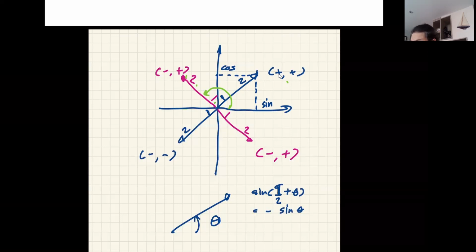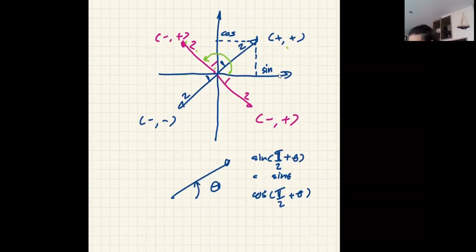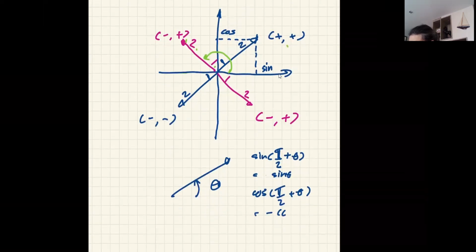Or no, sorry, it's sine theta, not minus. See, I have to look at the quadrant because I don't really remember this, but I remember the quadrant. And cosine of pi over 2 plus theta is minus cosine theta, something like this.